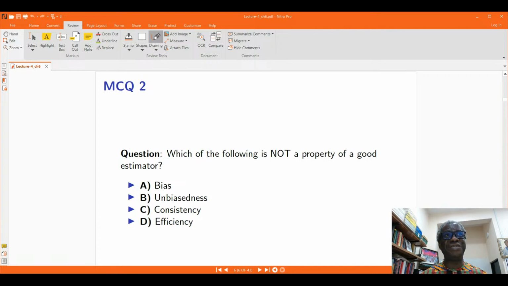We've not discussed it, but if you have read ahead of the class: A, bias, B, unbiasedness, C, consistency, D, efficiency. Which of the following is not a property of an estimator?